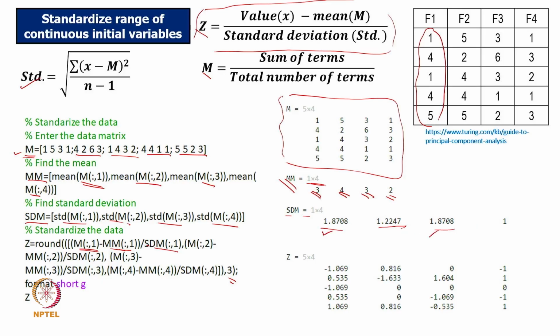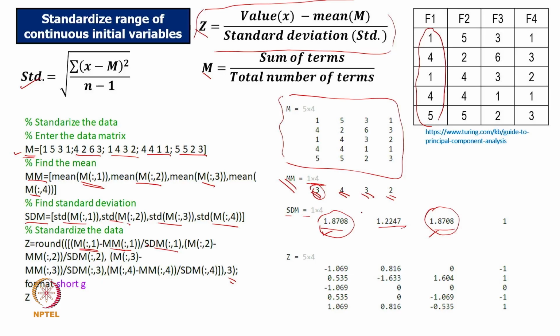So, this gives the impression that F1 and F3 are almost the same: you can look at the mean values, same, standard deviation, same. The question comes whether F1 and F3 will have a similar kind of weightage or effect overall on the process. So, that needs to be analyzed.